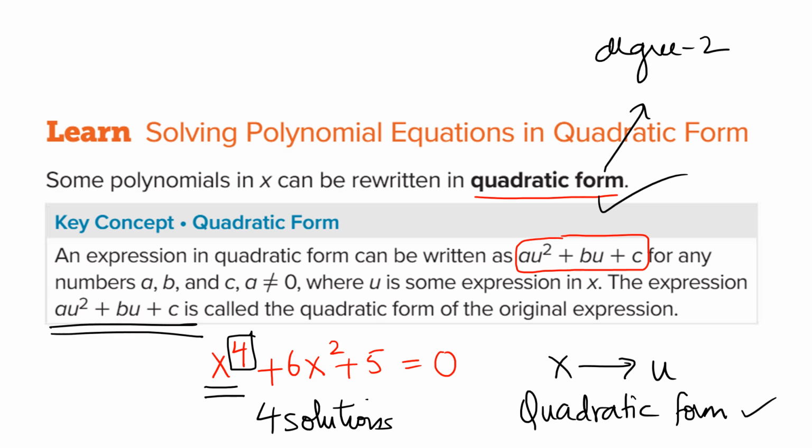Okay, so always remember this is the formula for quadratic form, au square plus bu plus c. You will change the variable. You will solve this quadratic form for u and then you will solve for x. So this method is called change of variable or quadratic form. Let's see the question for LO16 now.